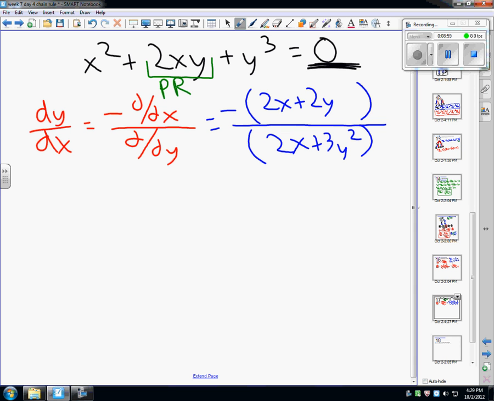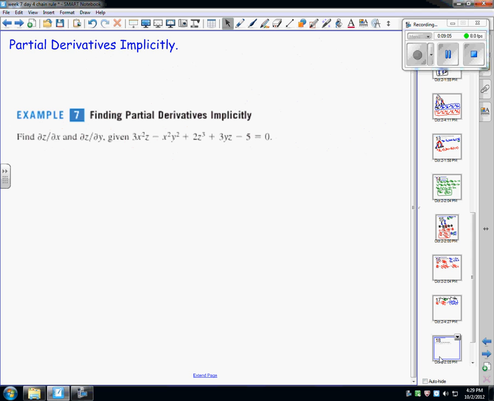Now, I only have one more to go with here, and it's actually a pretty quick one. Okay, so let's take a look at it. I'll tell you now, there's partial derivatives implicitly, and I'm just going to give you the formulas. It's going to be the same idea.